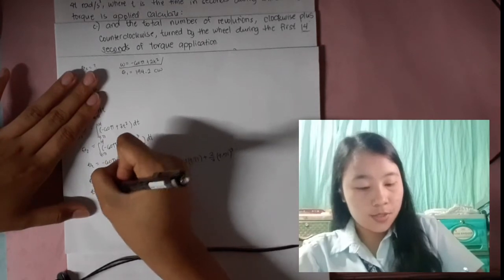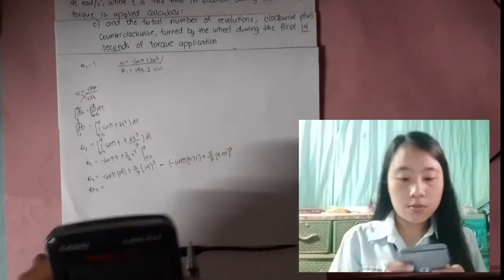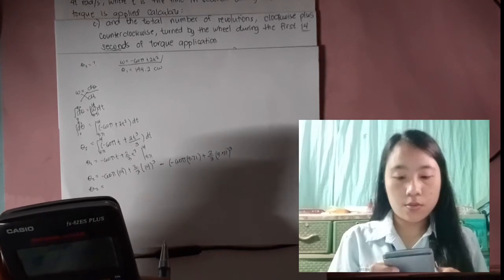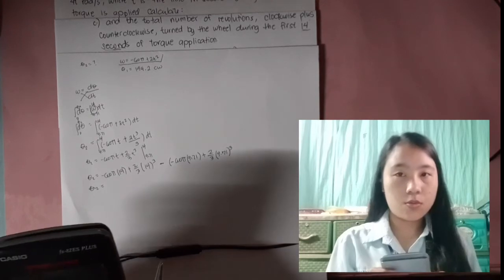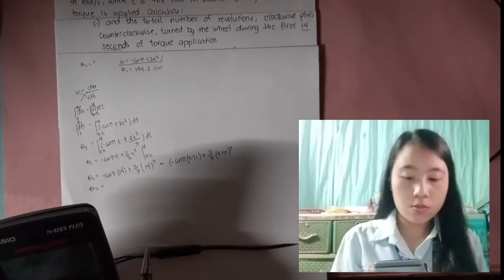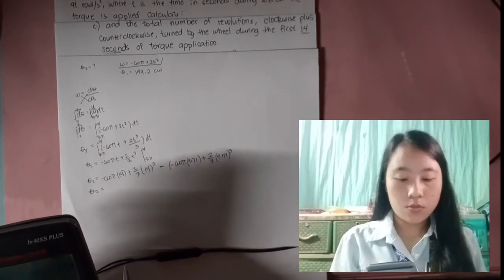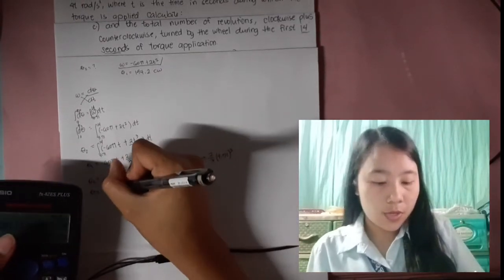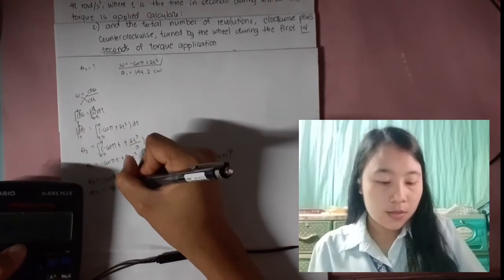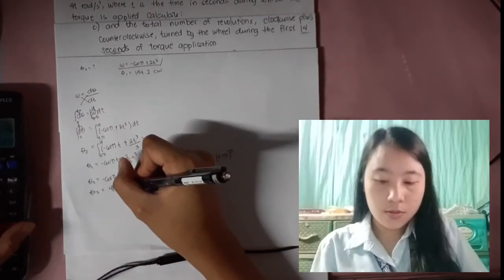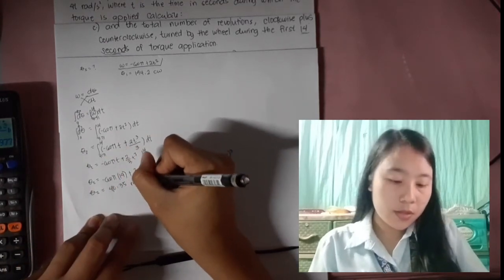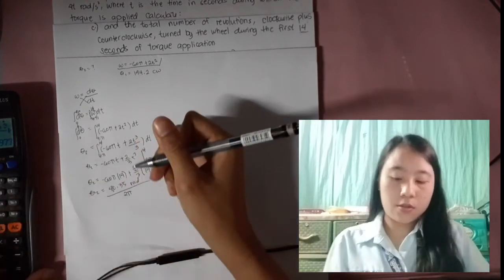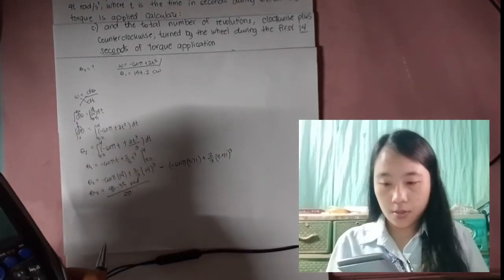We get a value equal to 410.35 rad. Divide by 2 pi.